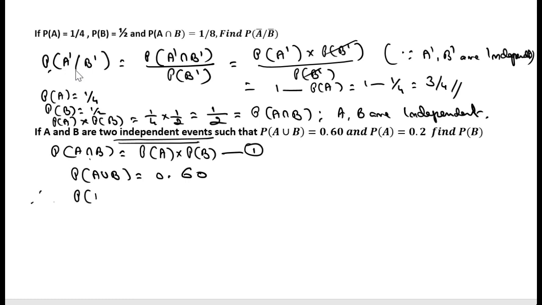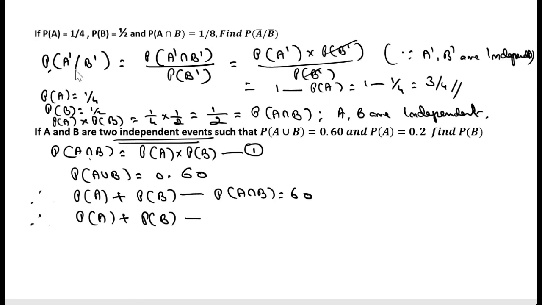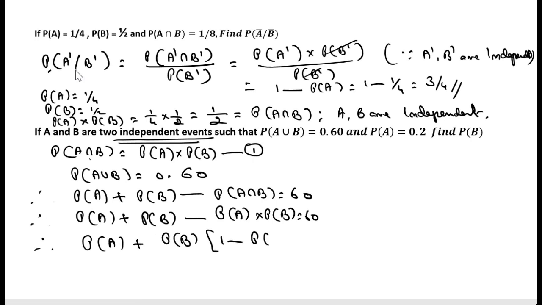A union B means probability of A plus probability of B minus probability of A intersection B. Now this we can take as probability of A into probability of B. Therefore, probability of A plus probability of B into 1 minus probability of A is equal to 0.60.